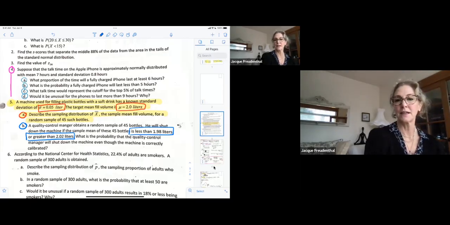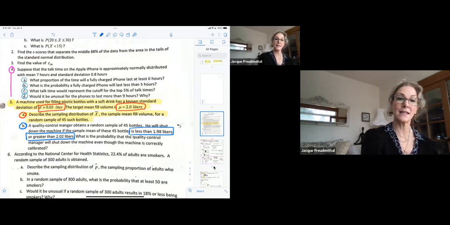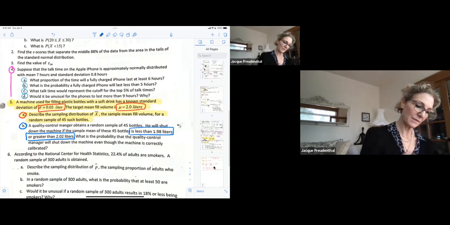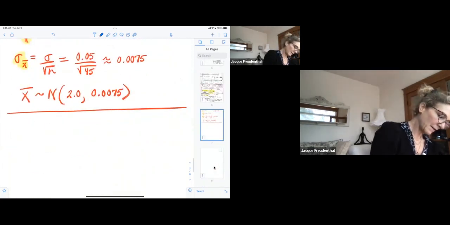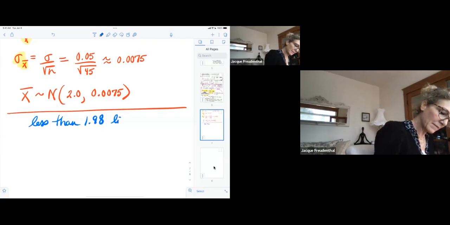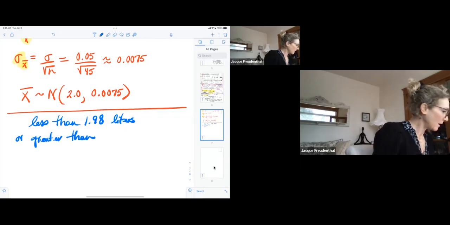So he's going to shut it down if the sample mean is less than 1.98 liters or greater than 2.02 liters.